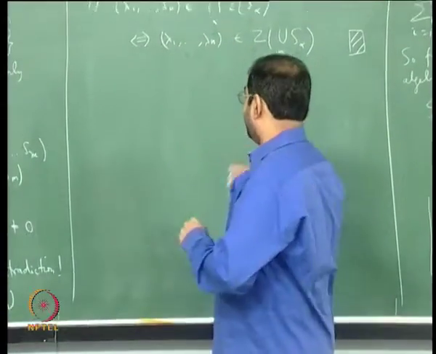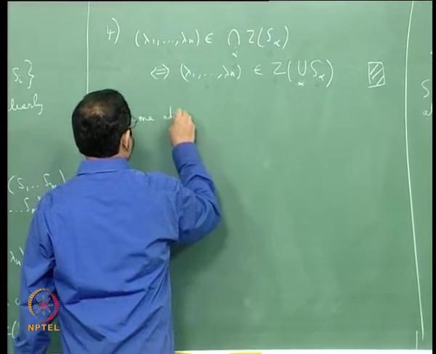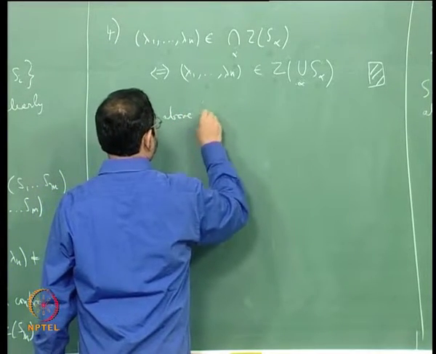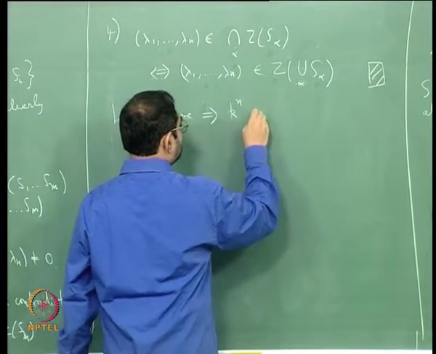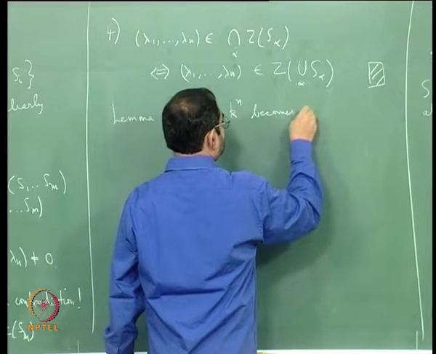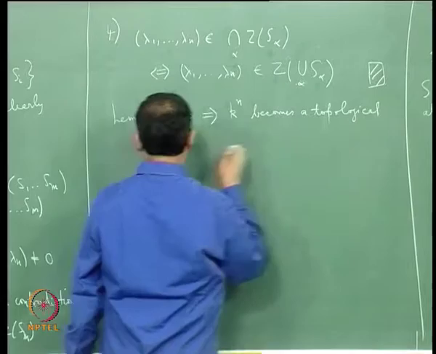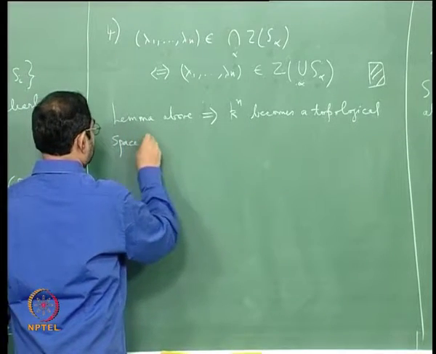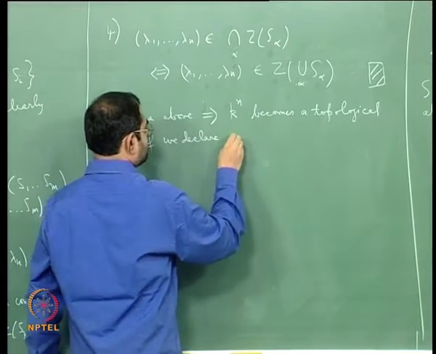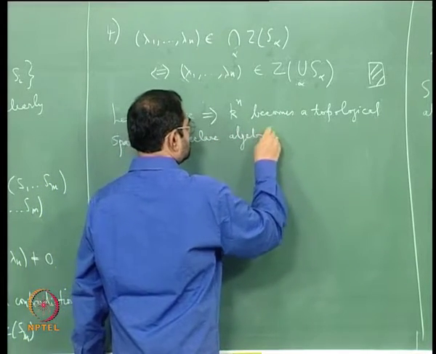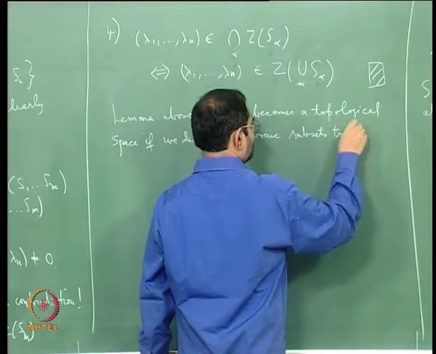So the lemma above implies that Kn becomes a topological space if we declare algebraic sets to be closed.